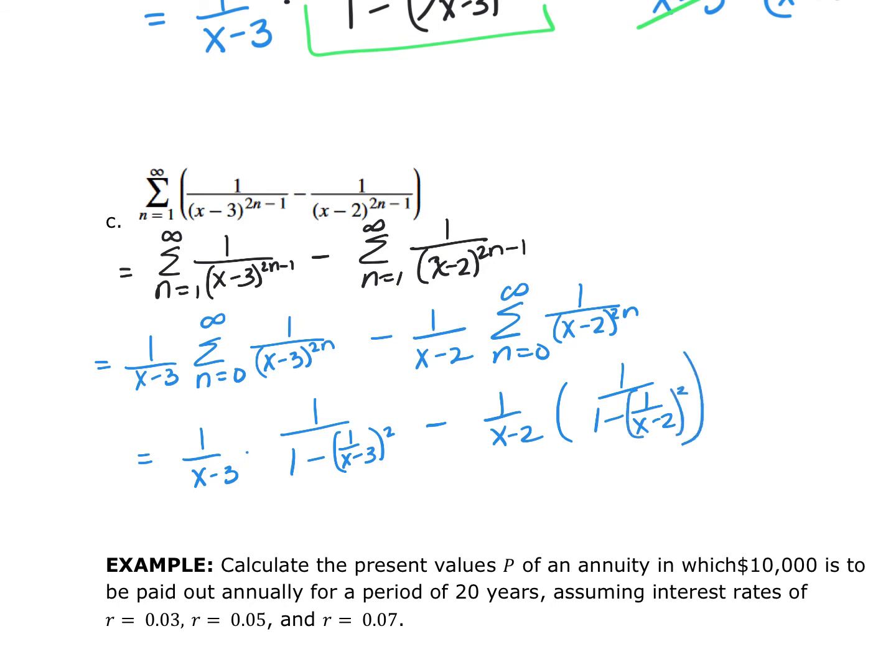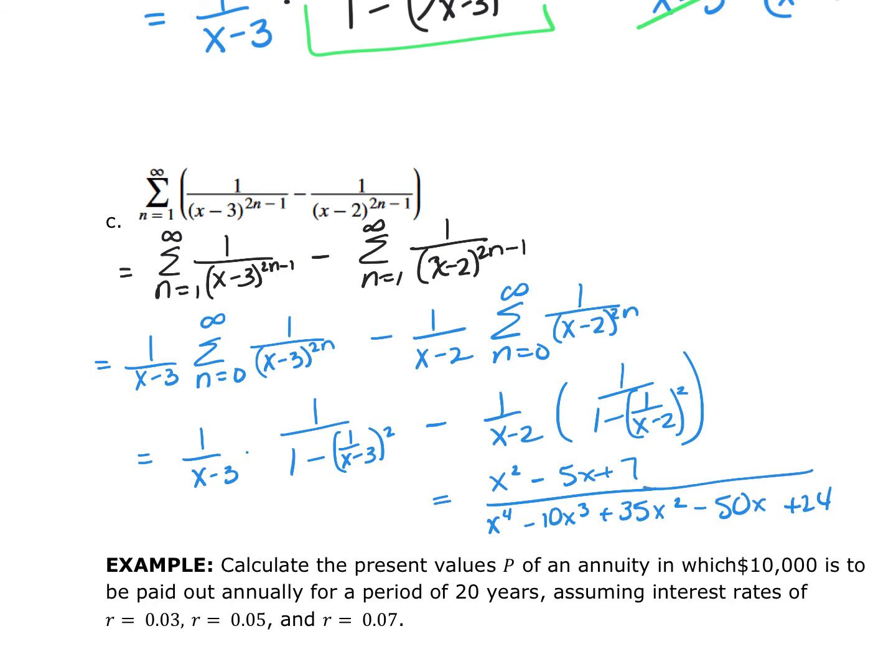Anyways, when I get totally done, my final answer is going to be x squared minus 5x plus 7 over x to the 4th minus 10x to the 3rd plus 35x squared minus 50x plus 24.